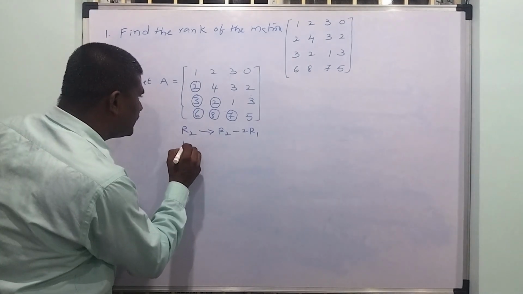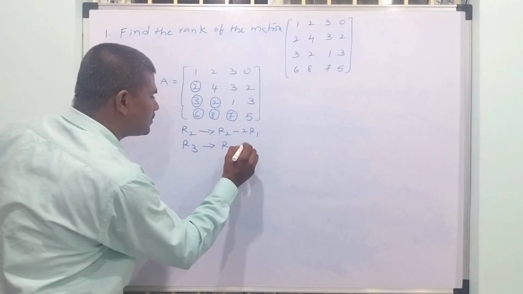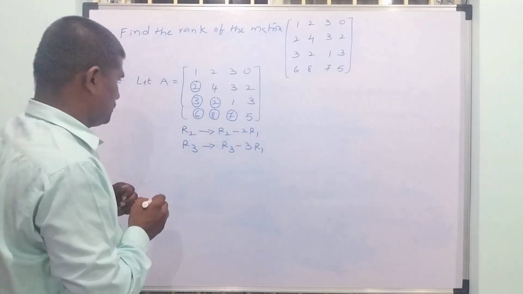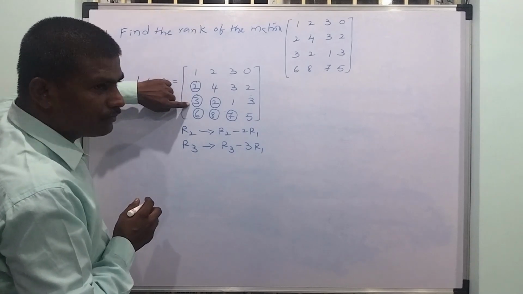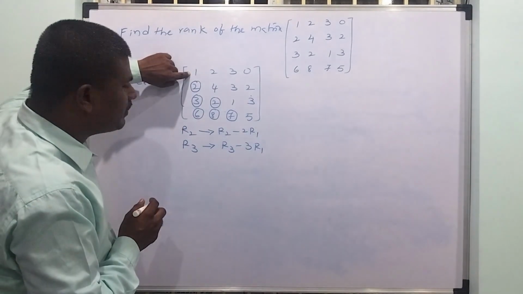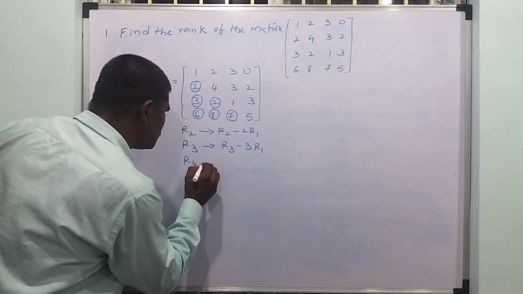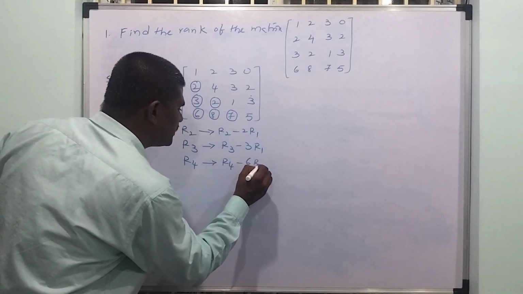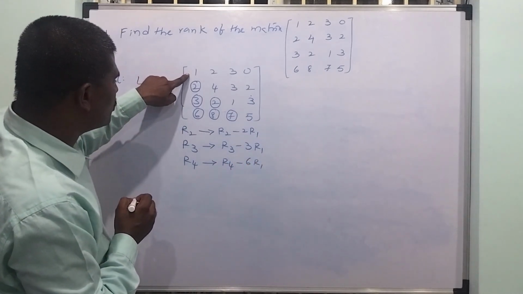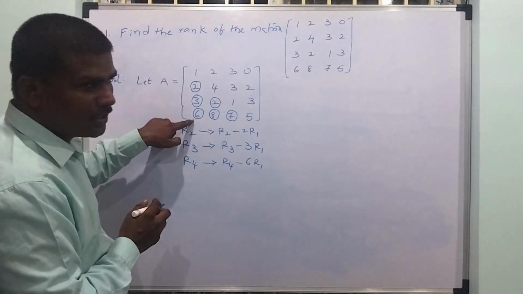Here R3 tends to R3 minus 3R1. That means you multiply the first row by 3 and subtract from the third row. 3 minus 3 will be 0. Similarly, R4 tends to R4 minus 6R1. That means you multiply the first row by 6 and subtract from the fourth row. 6 minus 6 will be 0.